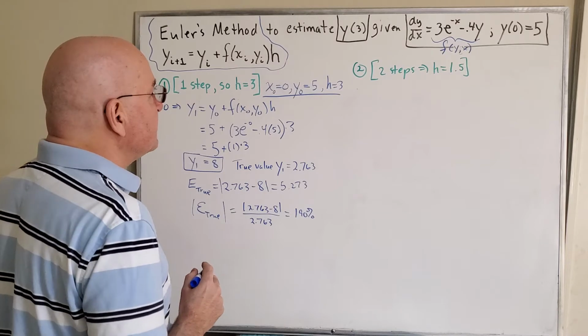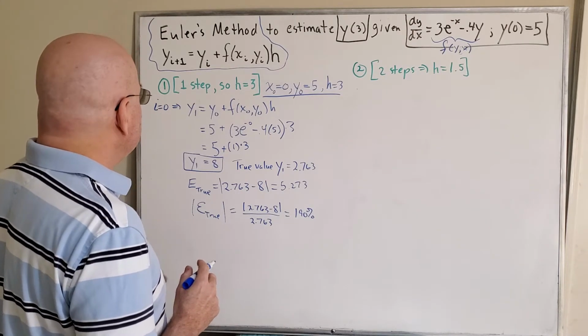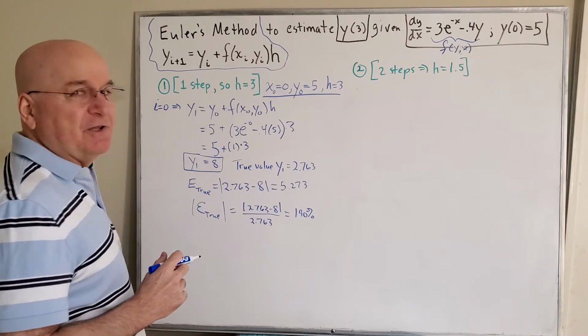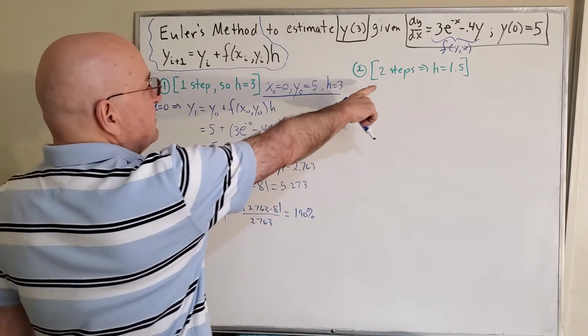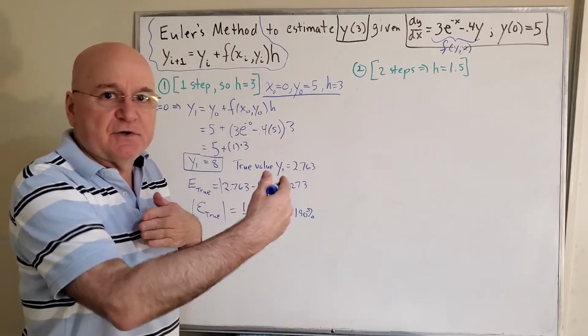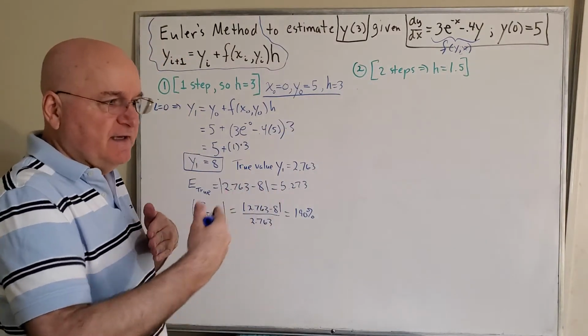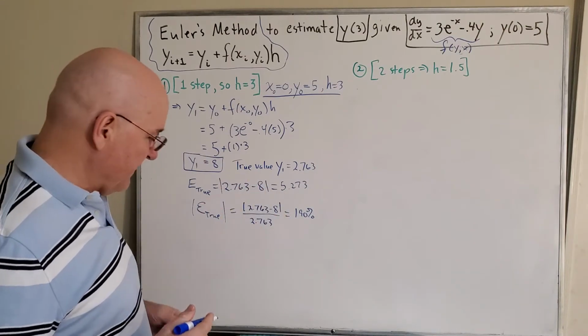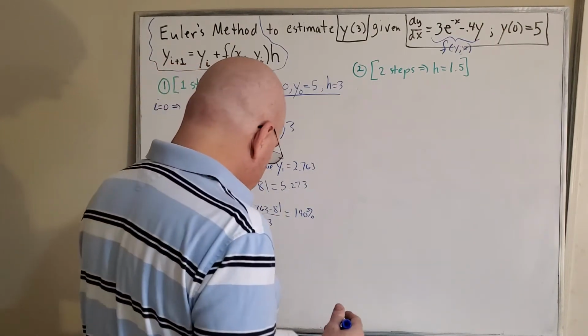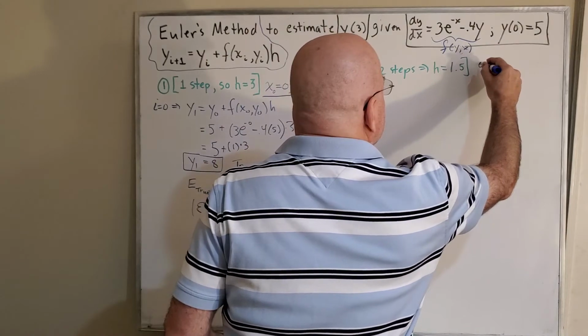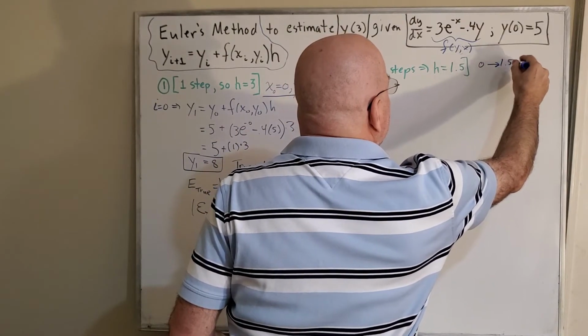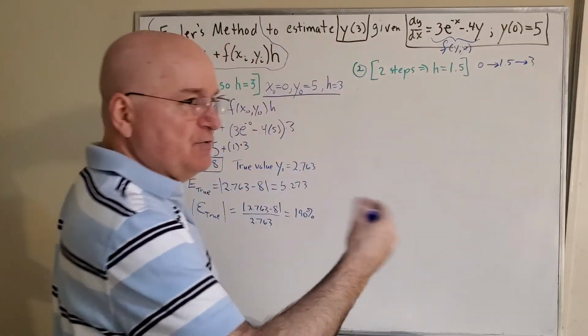Okay, so now let's do it one more time, and we'll get a little better answer. This time we're going to do 2 steps, which means if there are 2 steps going from 0 to 3, each one of them is going to be 1.5. So we're going to go from 0 to 1.5 and then to 3.